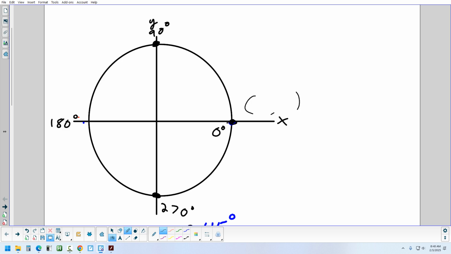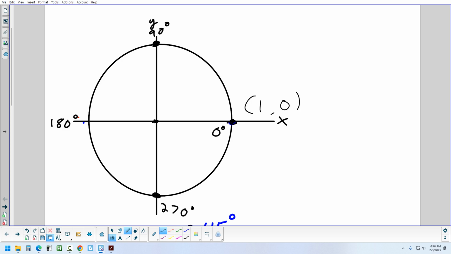This is the origin right here, that's not on the circle. That's 0, 0. What did we say the radius is for that circle? 1. So knowing that the radius is 1, anybody think they know the coordinate for 0 degrees? Yep, it's 1, 0. That is the location on the unit circle that represents the 0 degree angle.